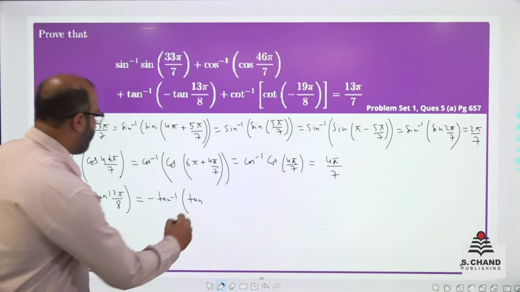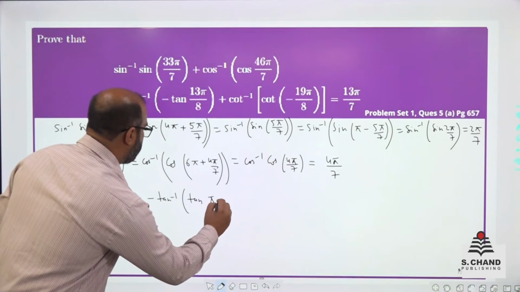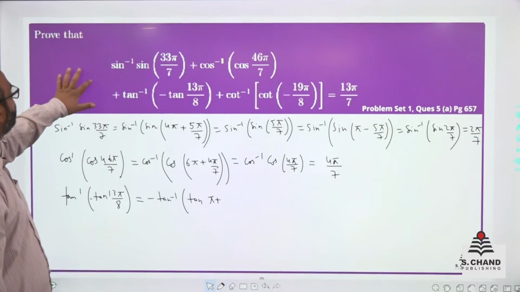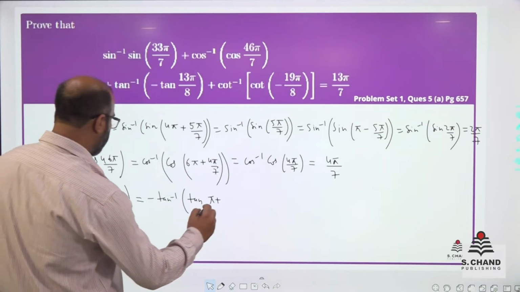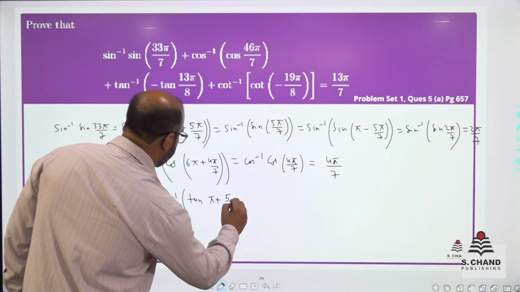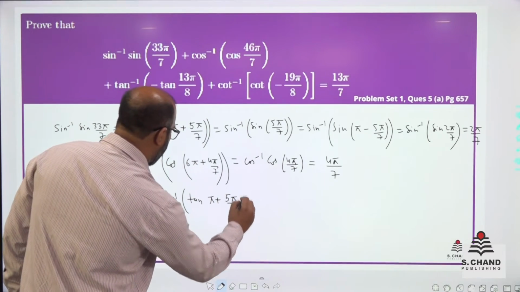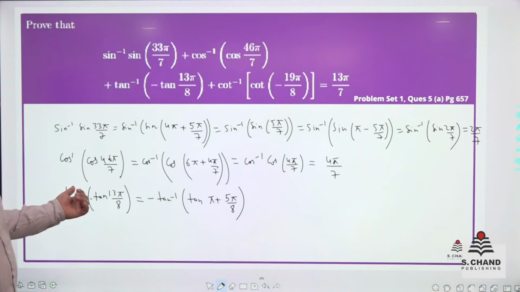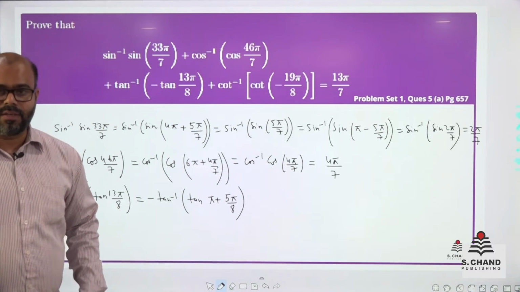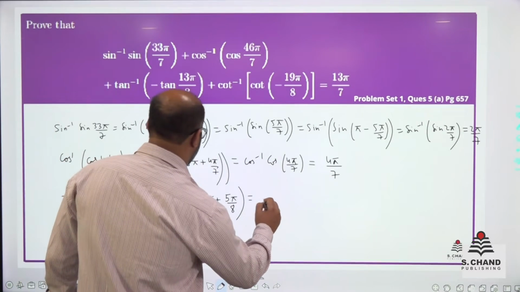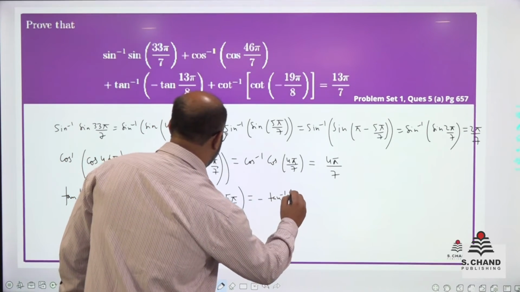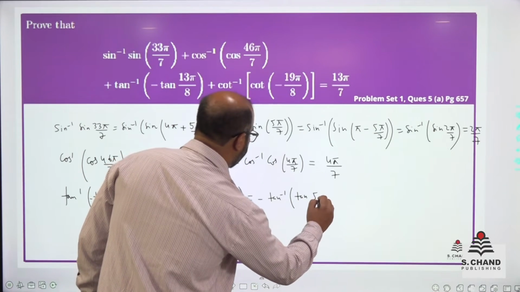This is actually pi plus 5 pi by 8, because if you take the LCM, it will become 13 pi by 8. And tan is periodic about pi, not 2 pi. So this will give you minus tan inverse tan 5 pi by 8.